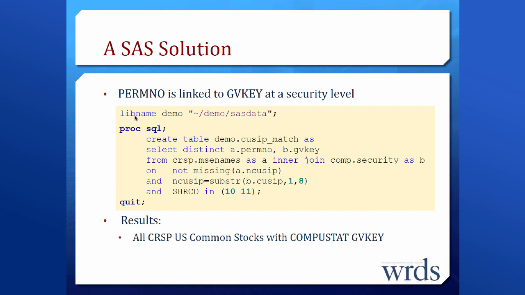Before we're doing anything, I'm defining a permanent library called demo under my home directory demo folder and slash SAS data folder. SAS data is a subfolder of the demo folder under my home directory, and I'm going to save all of my files there. But the thing is, this code only generates one particular data table.